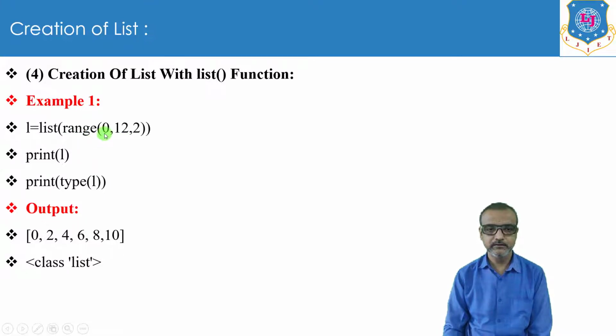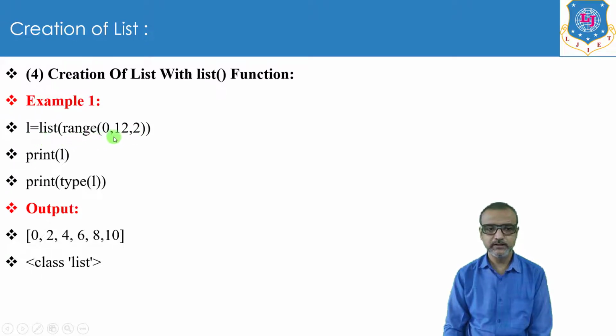This is the initial value, so it will start from 0, and here is the final value, that is 12. Subtract 1 from 12, so it will give you 11, and the step size is 2.